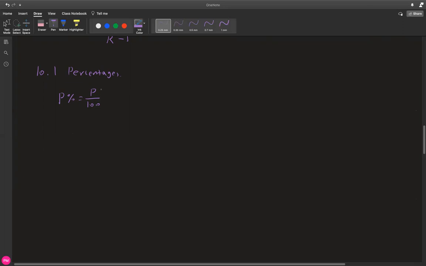If you simply plug this into a calculator, you should be able to get a decimal as well. So simply divide P by 100 to get the decimal form of P.